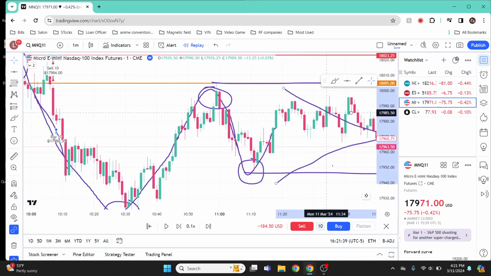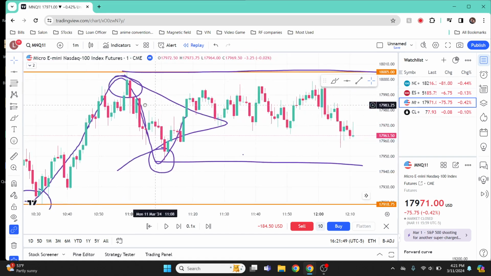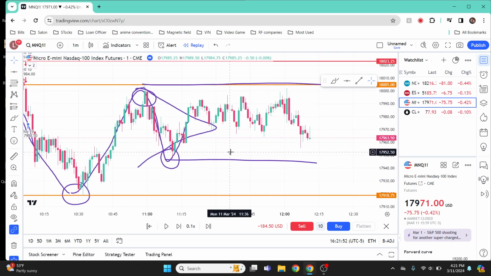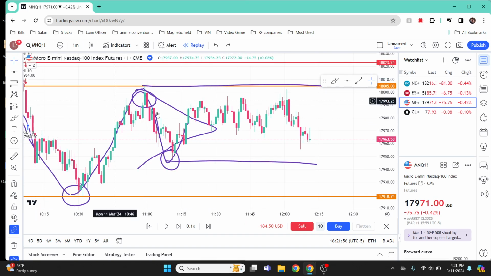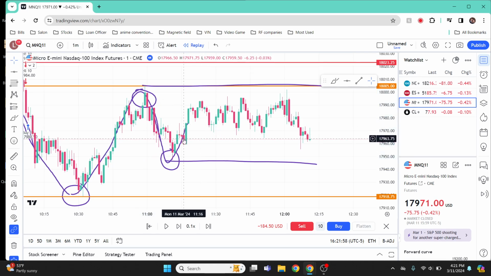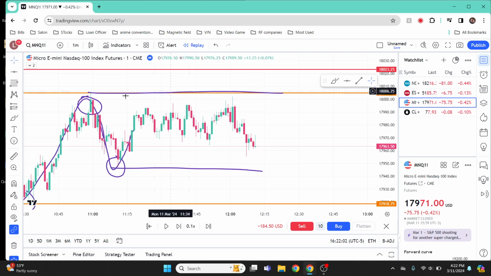So let's say this is the breakthrough candle and this is the confirming candle, and you enter. Well, look at what happened. So it's not always confirmed. They can always just go sideways because of indecision. So we just wait here. We just let it break one of these two.